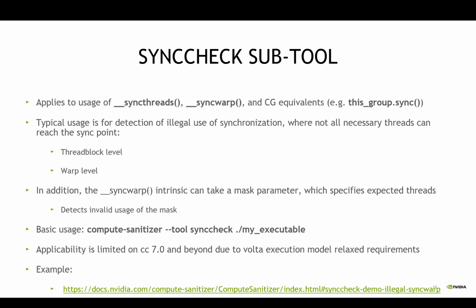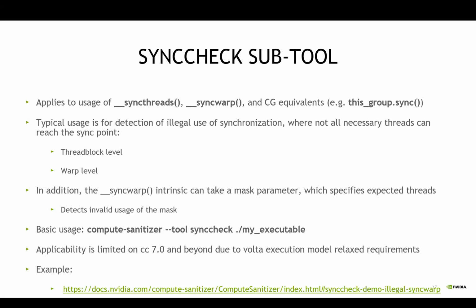However, when we introduced the independent thread scheduling feature of Volta and beyond, compute capability 7.0 and beyond, this sort of illegal character became relaxed. In other words, it is now legal in CUDA to have threads that are excluded from participating in a __syncwarp or __syncthreads where you think they ordinarily should, as long as those threads have some other characteristic. Basically, those threads have to exit.